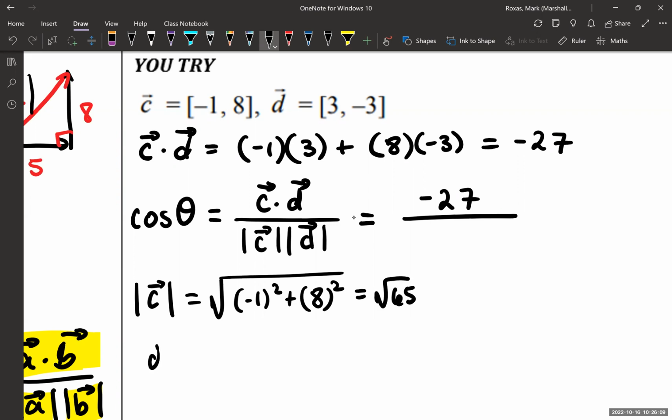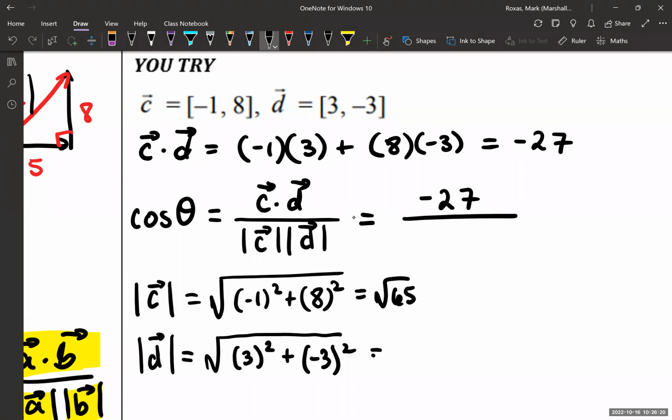And the magnitude of vector D, again applying the Pythagorean theorem, is the square root of 3 squared plus -3 squared, which is 9 plus 9, which is 18, the square root of 18. So these are my magnitude values. They go right into the formula, the square root of 65 and the square root of 18.